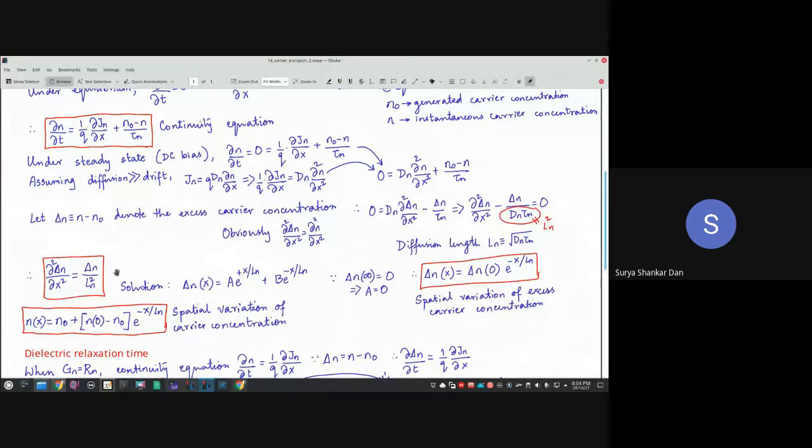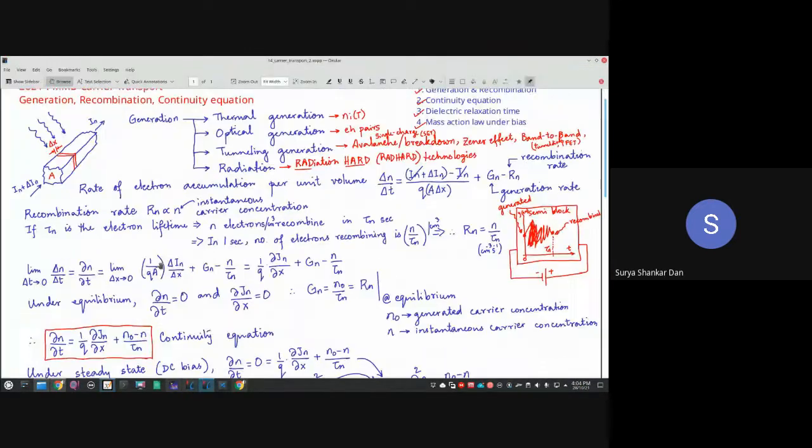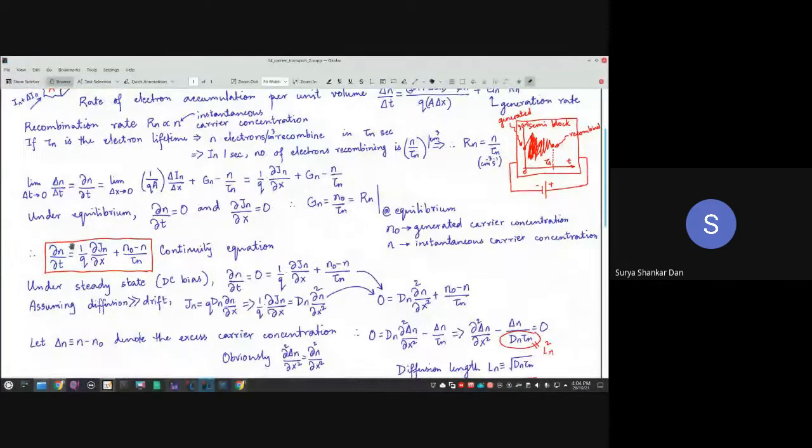Now we will solve the same kind of equation, the continuity equation, but apply it to a real device. Here the continuity equation is copied from our previous lecture, the original continuity equation, this one.